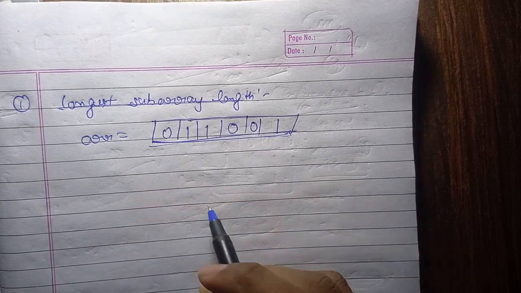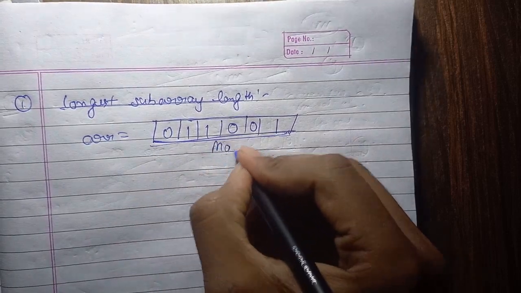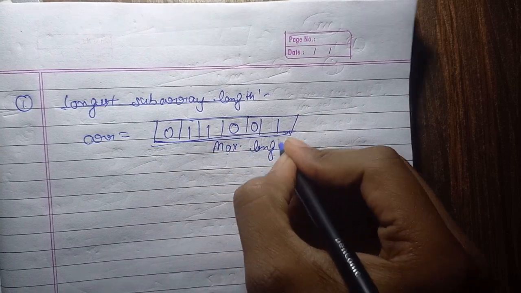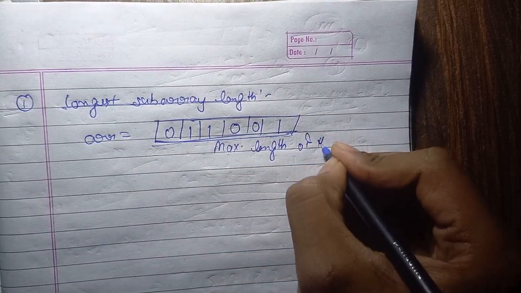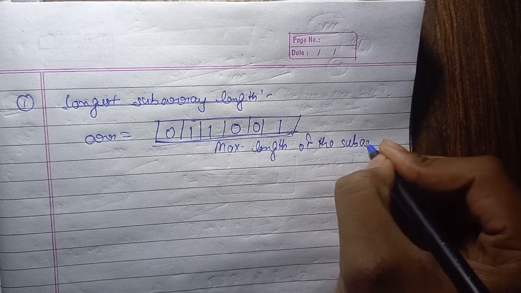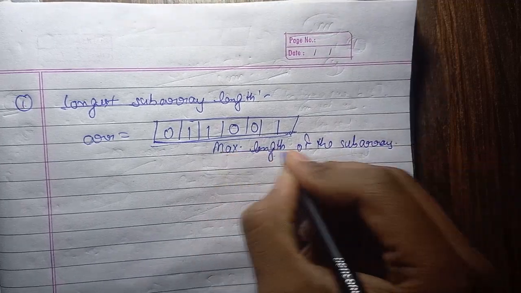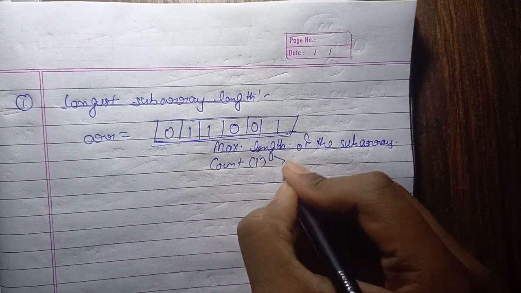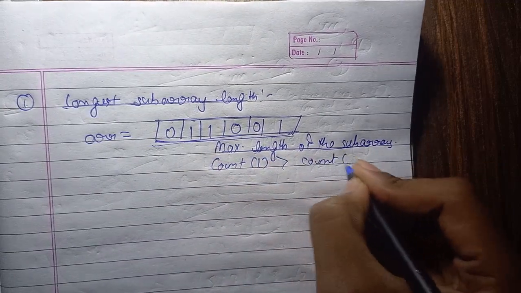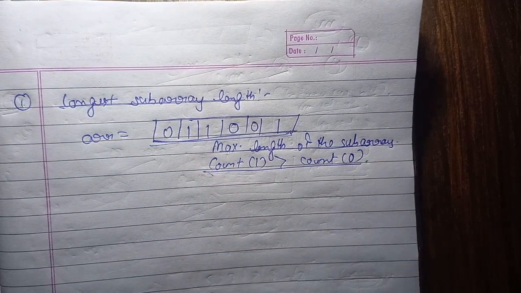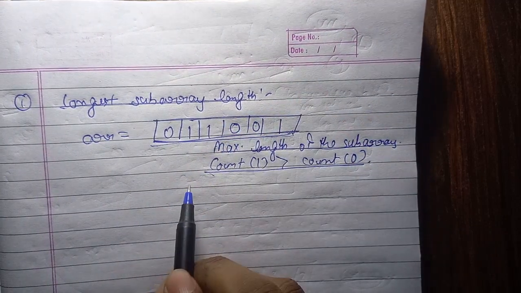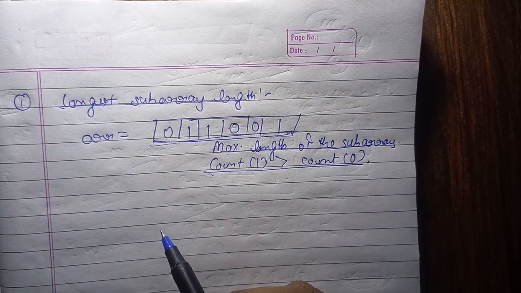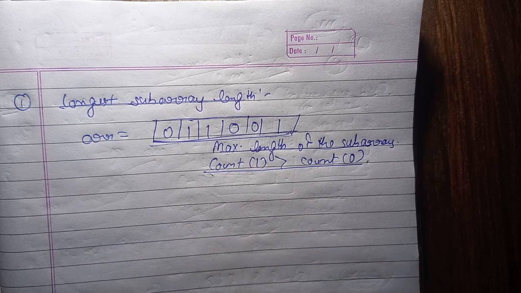So what I need to return is the maximum length of the subarray which has count of 1 more than count of 0. So you need to find a subarray which has more 1s than 0s.